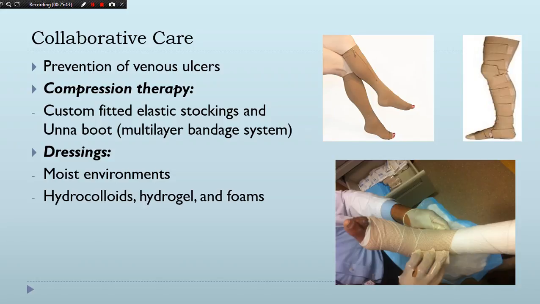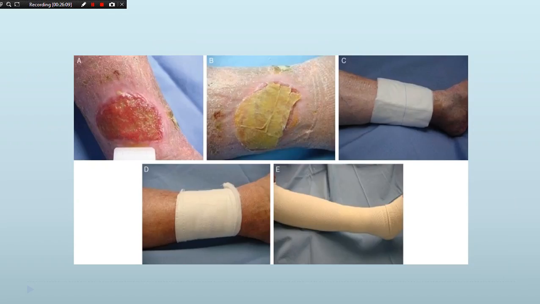So maintaining a moist environment is not an issue, and we might use dressings that can absorb a lot of the exudate. Some common dressings you might see with a venous ulcer are hydrocolloids, hydrogels, and foams. You might see them used in combination with a multi-layer bandage system in the acute phases to help with the wound and to help with the edema.